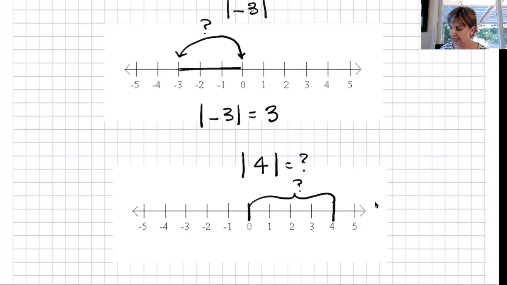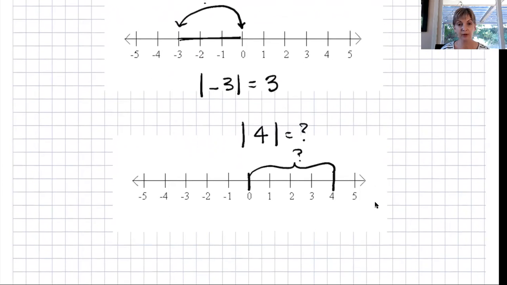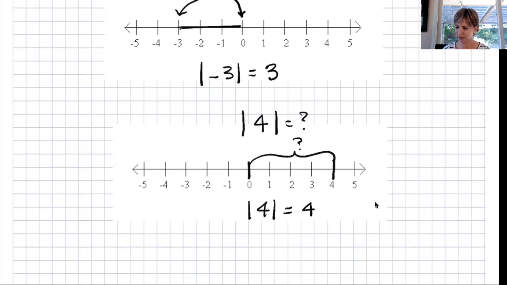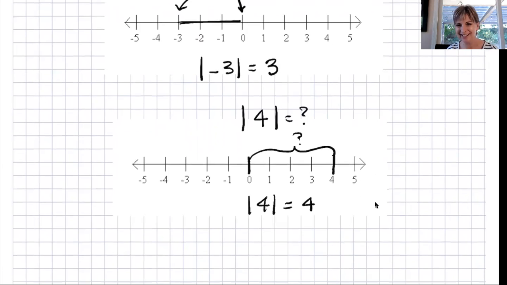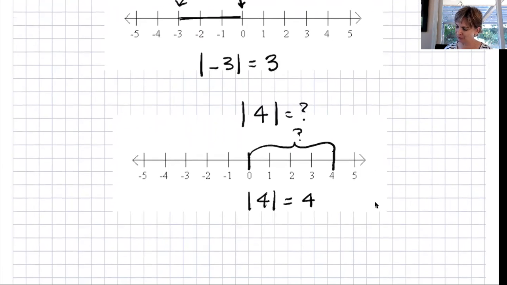Well, the distance from 0 to 4, the absolute value of 4, is 4, right? That one's pretty easy, because it's not a -4, it's just a 4. So taking the absolute value of a positive number is pretty easy. It's just that number. It's a little more confusing when it's a negative number.